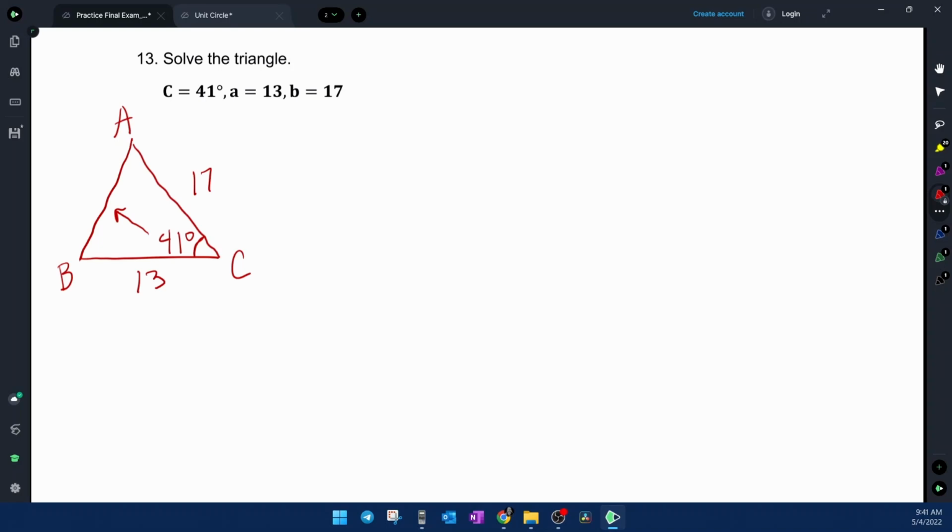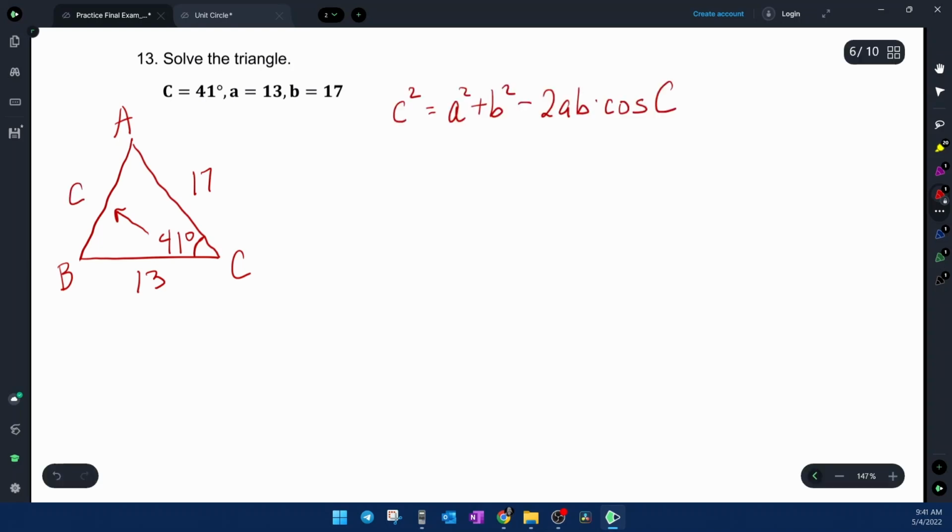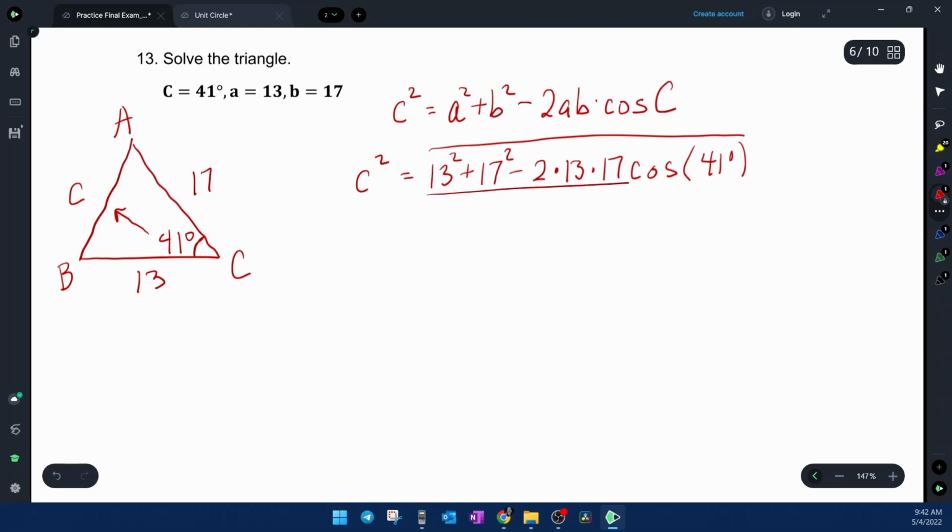So we need to set up the law of cosines problem that will solve for C. And here we simply plug and play to find side C. So 13 squared plus 17 squared minus 2 times 13 times 17 times cosine of 41 degrees. All of this can be put into the calculator all at one time.